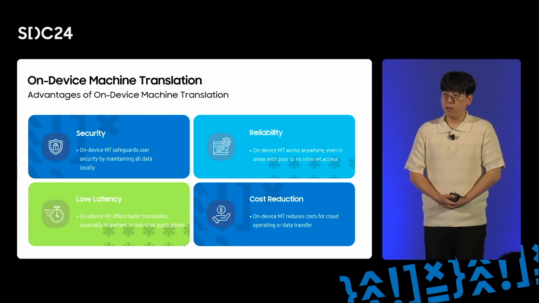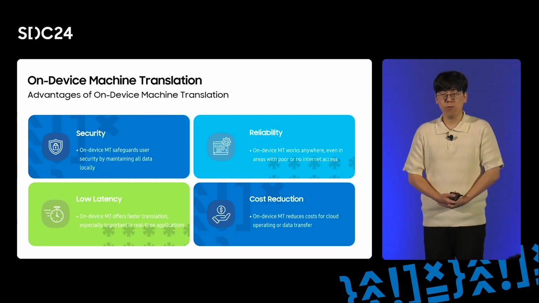On-device machine translation doesn't require an internet connection. This makes it extremely valuable in areas with poor connectivity or when traveling abroad where Wi-Fi or mobile data connection may not be available. Whether you are in remote areas or simply don't have access to internet, on-device machine translation ensures you can still communicate.